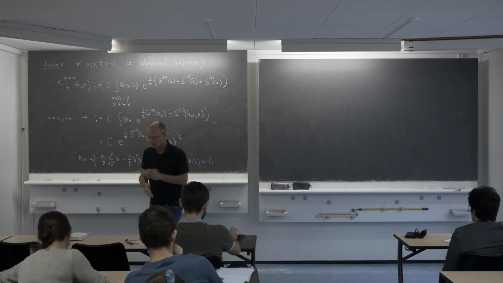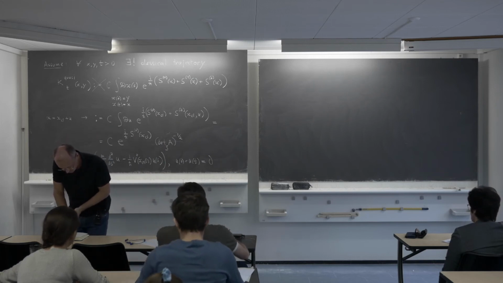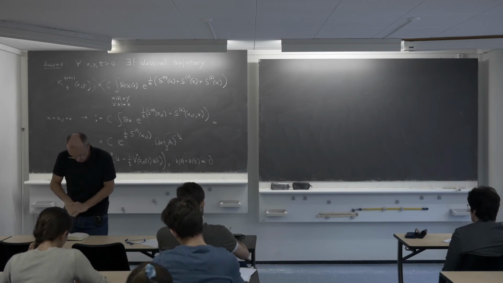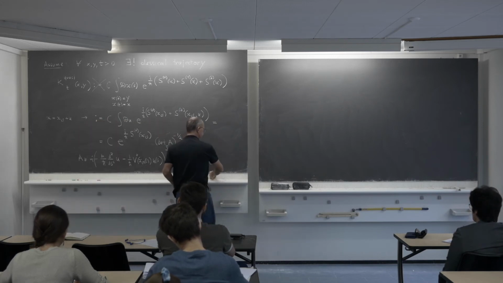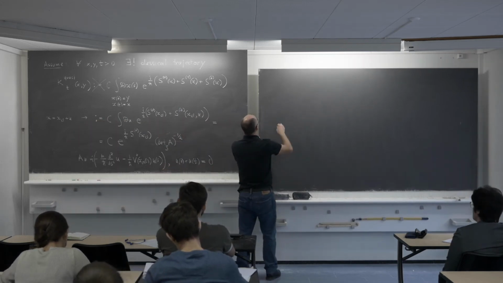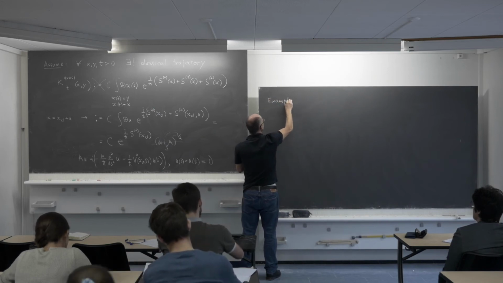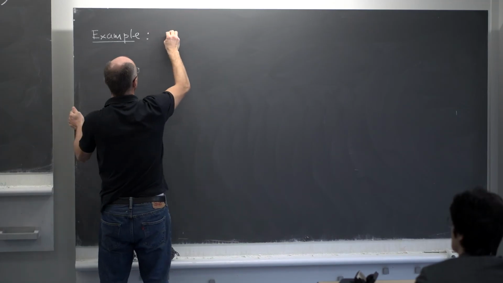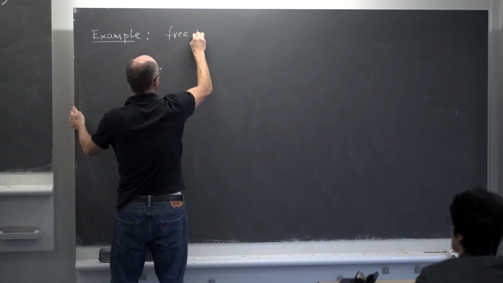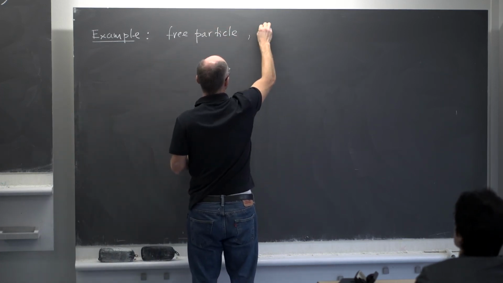So let's look at an example, and then let's discuss a little bit the general case. Well, as you can imagine, what is my favorite example? That's the free particle, right?